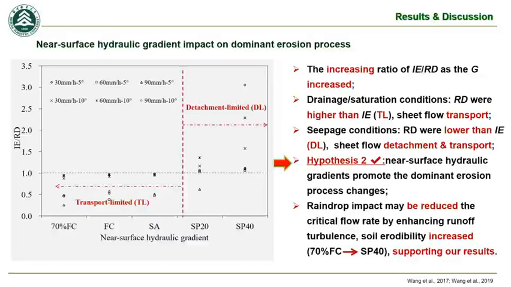However, the average raindrop-induced detachment rate was lower than the interior erosion rates when the near-surface hydraulic gradient shifted from the drainage condition to seepage conditions. Thus, it can be inferred that the dominant process of the interior erosion was mainly detachment limited. It also supports our second hypothesis.